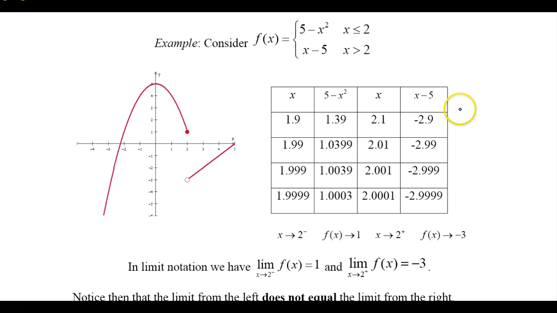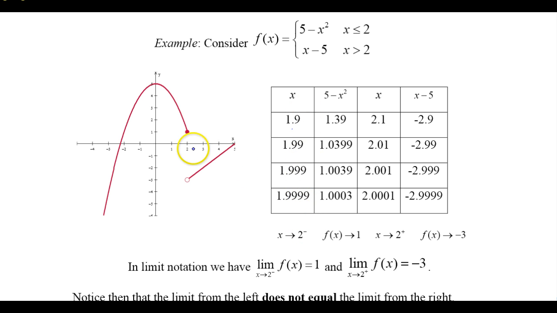And then here's a table of data that's going to allow us to analyze both from the right-hand side and the left-hand side of 2. So we want to consider what's happening at 2. As my x values, so here is my x column where I plug in 1.9, 1.99, 1.999, etc., I'm getting closer and closer to 2 from what side?